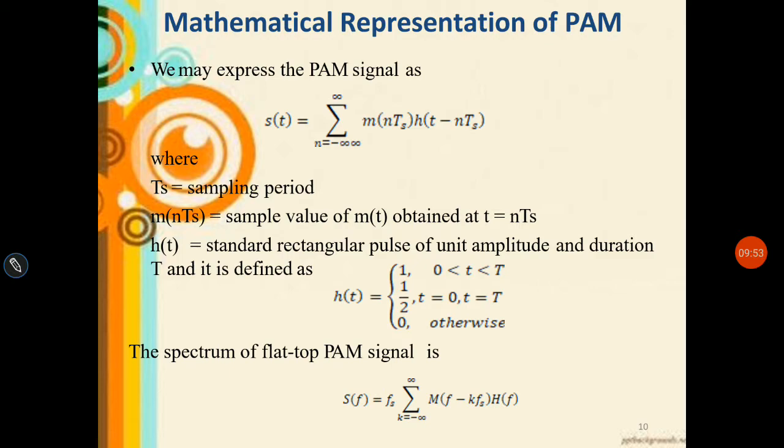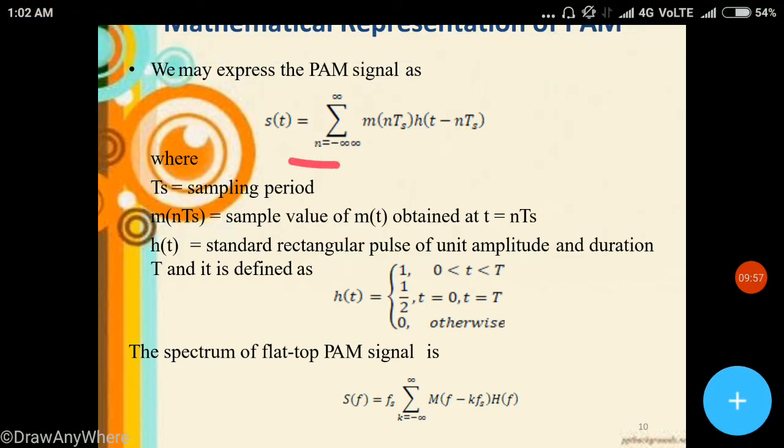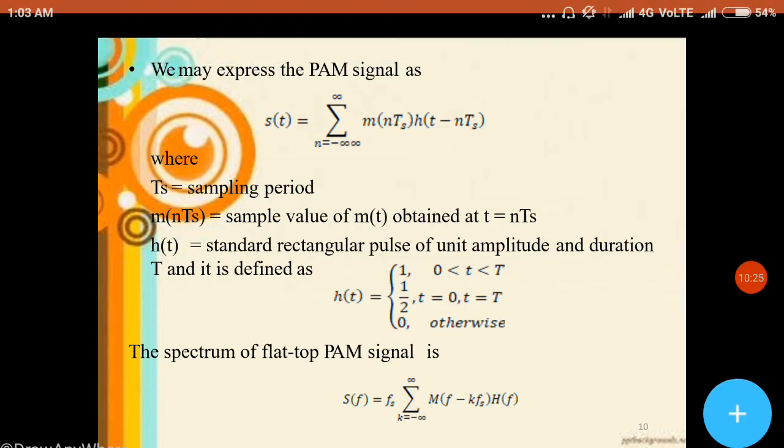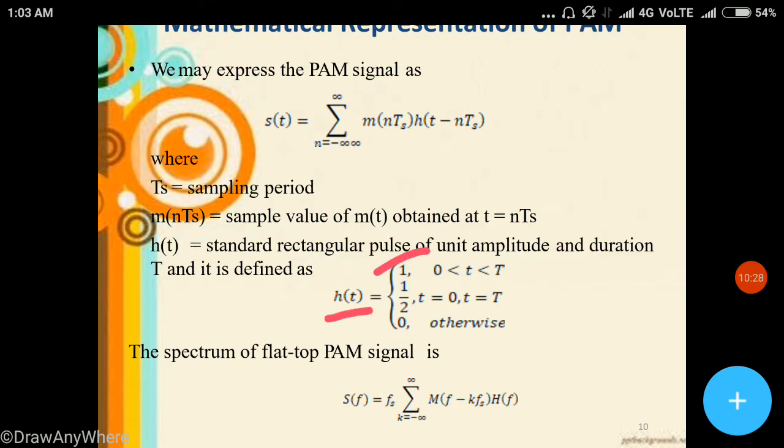We may express the PAM signal as s(t) equals summation over n, the number of samples, from minus infinity to plus infinity, m(nTs) into h(t minus nTs), where Ts is the sampling period, m(nTs) is the sample value of m(t) at t equal to nTs, and h(t) is the standard rectangular pulse of unit amplitude and duration T. It is defined as h(t) equal to 1 when small t lies between 0 and capital T, half when t is exactly 0 or t is equal to capital T, and 0 otherwise.